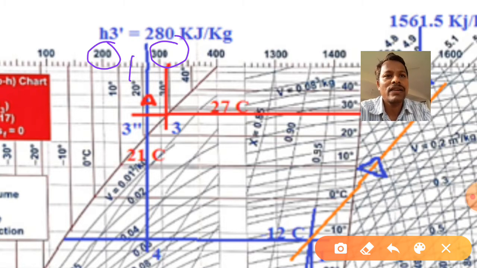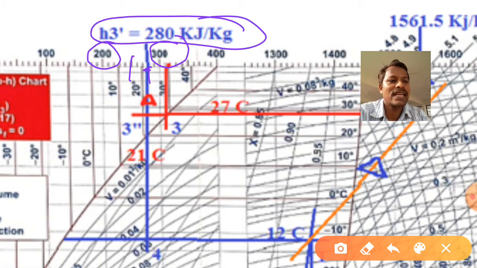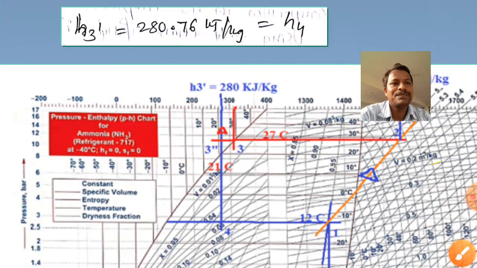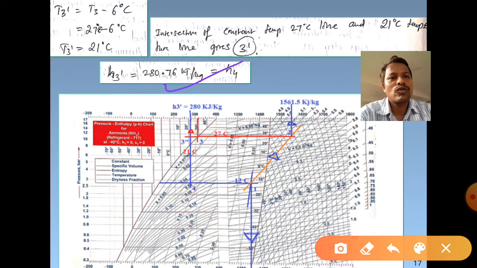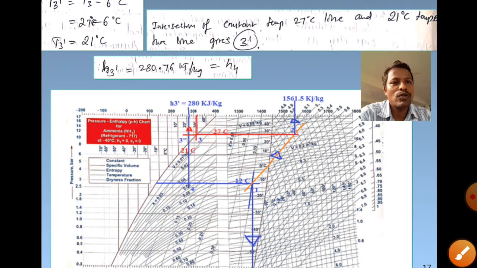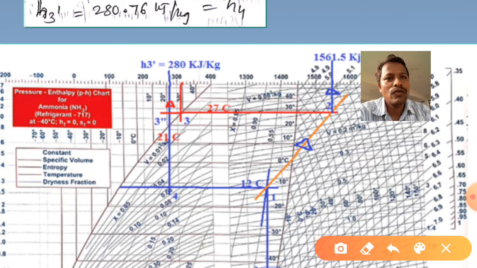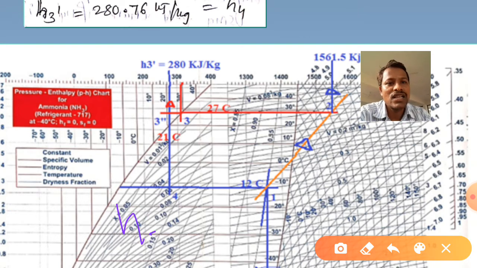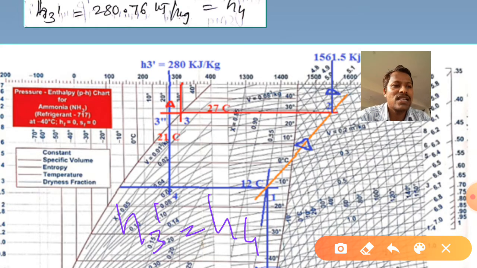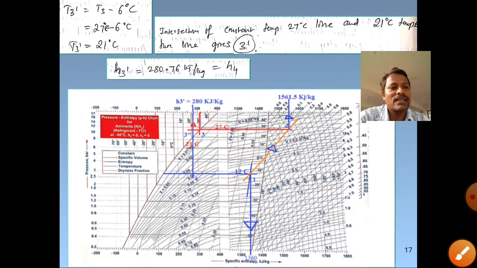Then if I read exactly on this point, I have H3 dash as 280 kilojoule per kg. I will note it down, that is 280.76 kilojoule per kg, which is also equal to H4, because 3 dash to 4 is a throttling process, that is an isenthalpic process. So H3 dash is equal to H4, that is, enthalpy at state point 4 is also obtained.